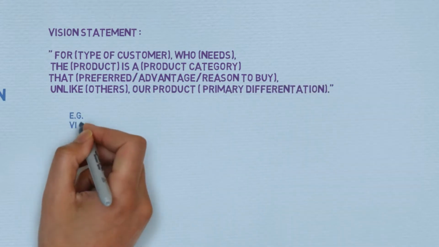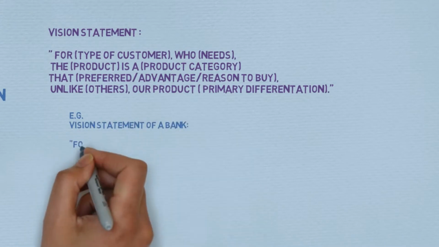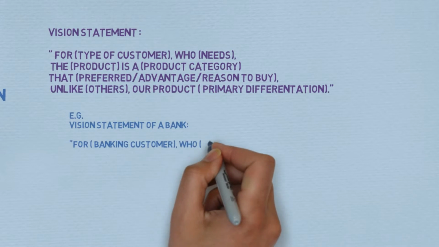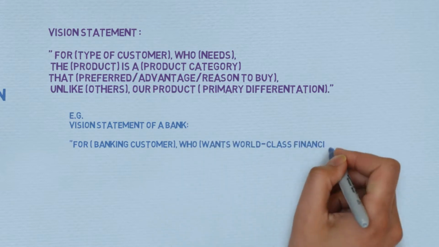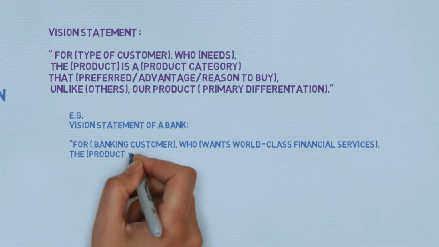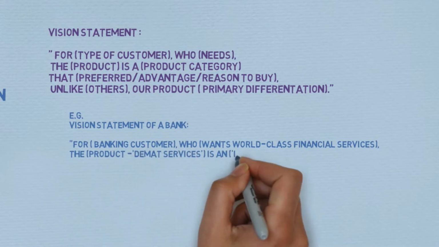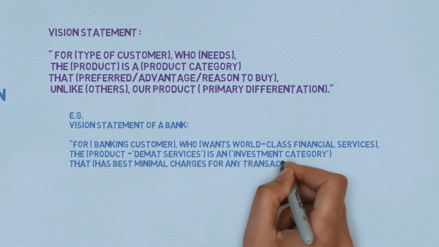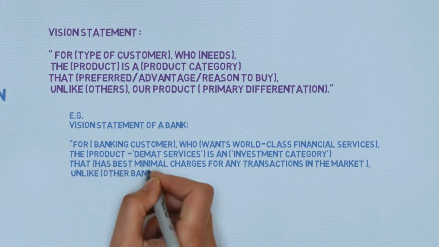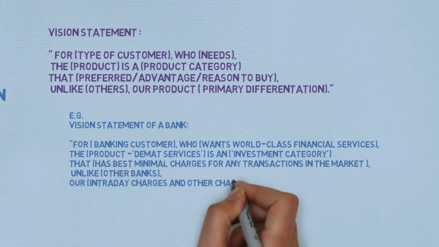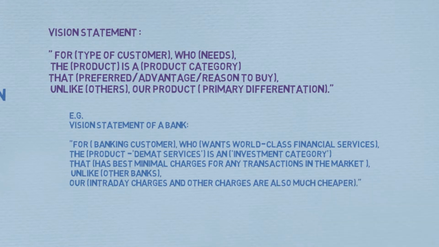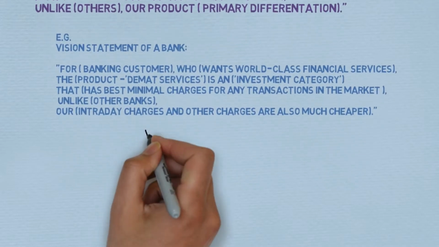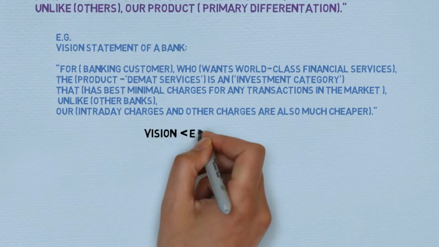But if I have to convert it into a vision, let us say a vision statement of a bank, then this could be something like, for a banking customer who wants world-class financial services, the product Demat services is an investment category that has best minimal charges for any transaction in the market, unlike other banks, whose intraday charges and other charges are much cheaper. The vision statement must articulate the goal for the product.